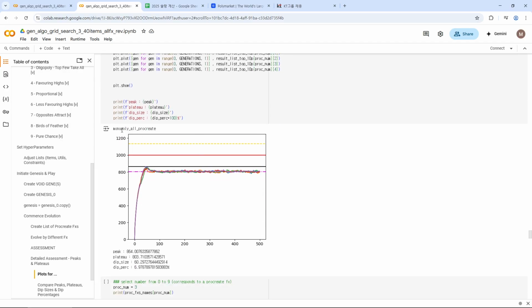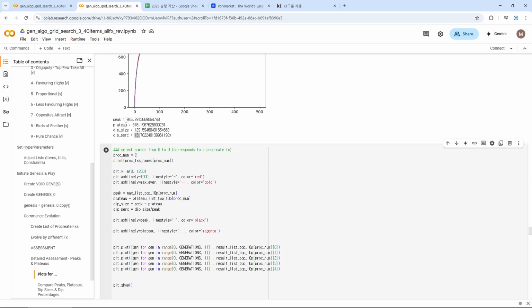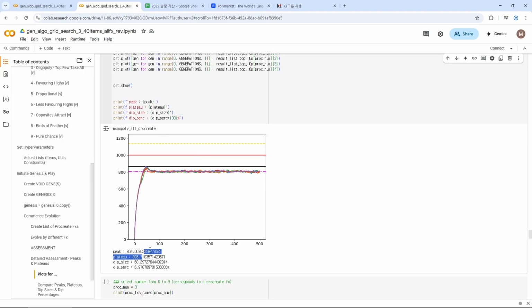This plot is for the Monopoly All Procreate, where the top entity is always parent 1 and parent 2 is chosen from all the rest of the entities within that generation. Because of that, the peak is 864 as compared to 945, so about 80 difference. Plateau is about 803.